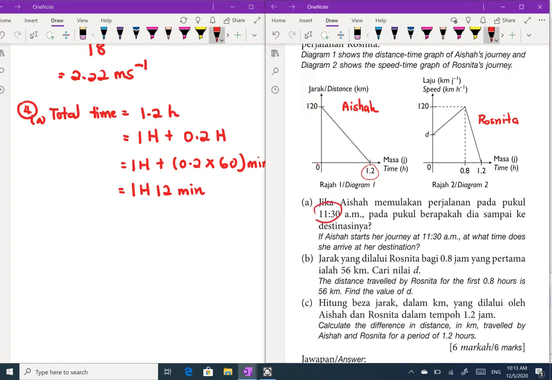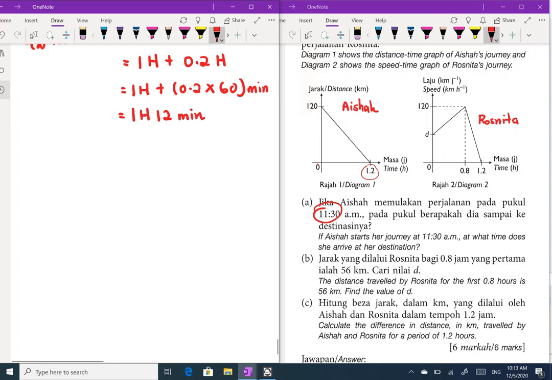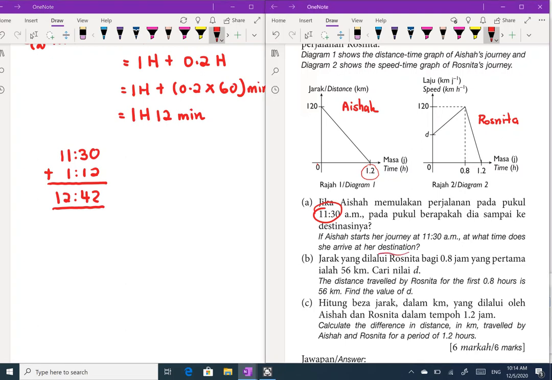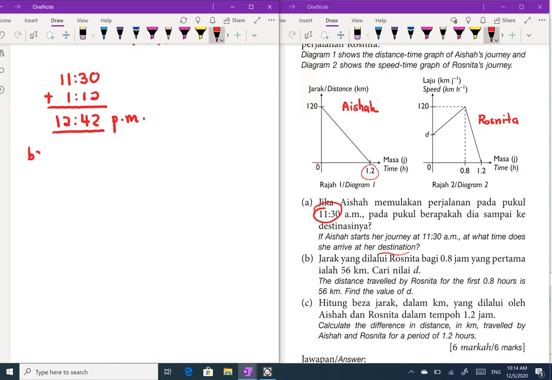She starts at 11:30 a.m., plus 1 hour and 12 minutes, so it's 12:42. So she will reach at 12:42 p.m. It's noon, so 12 o'clock is already p.m.